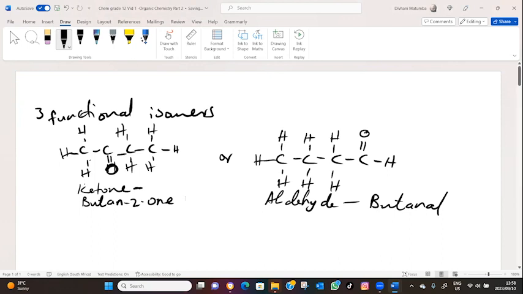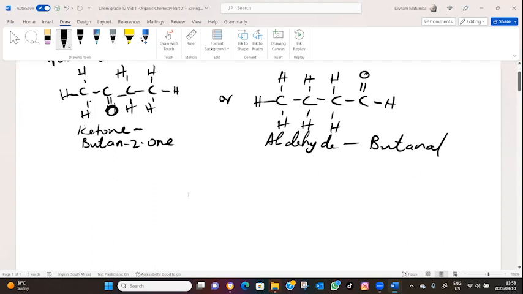Now, I'm just gonna explain a little bit of how the naming system works. We have the so-called root names. We also have prefixes.